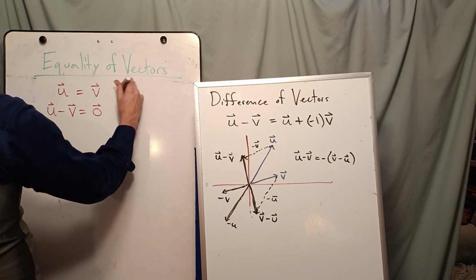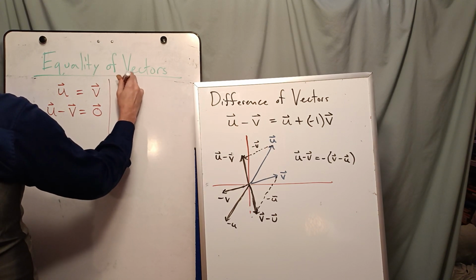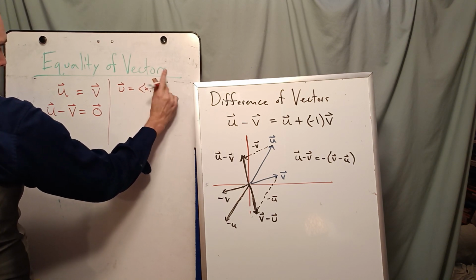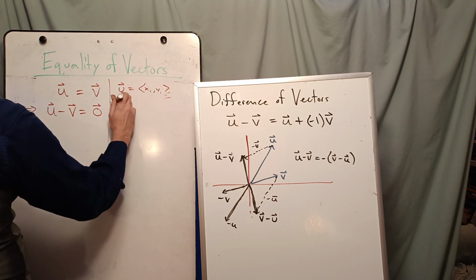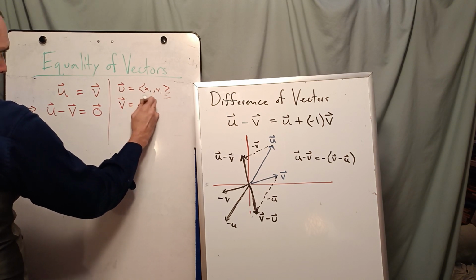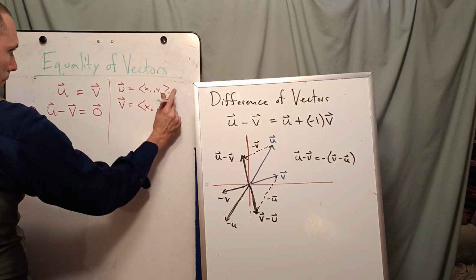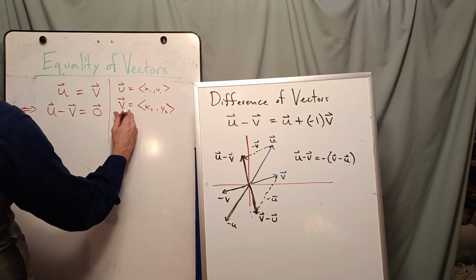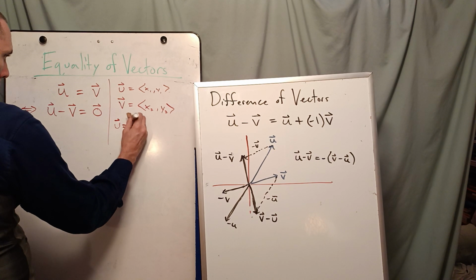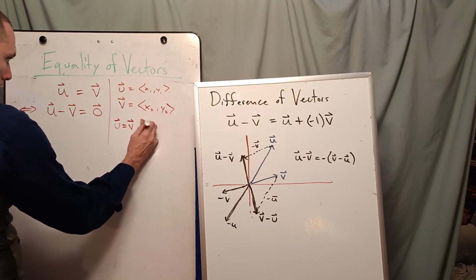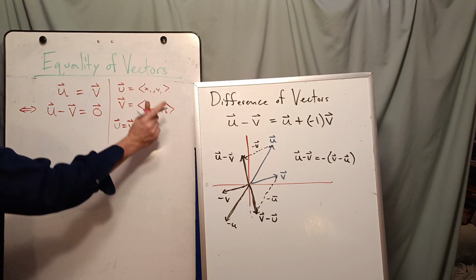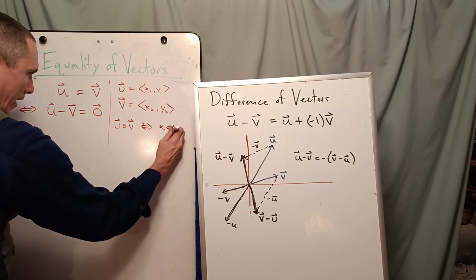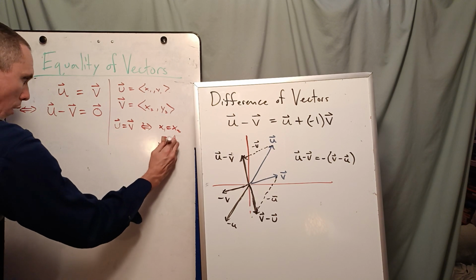So, for example, if I said, let u be equal to x1, y1, and let v be equal to x2, y2, then u would be equal to v if and only if the difference between these two numbers was 0, which means x1 was equal to x2, and at the same time, simultaneously, y1 is equal to y2.